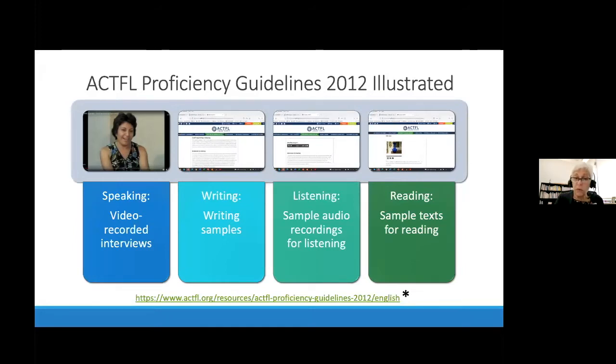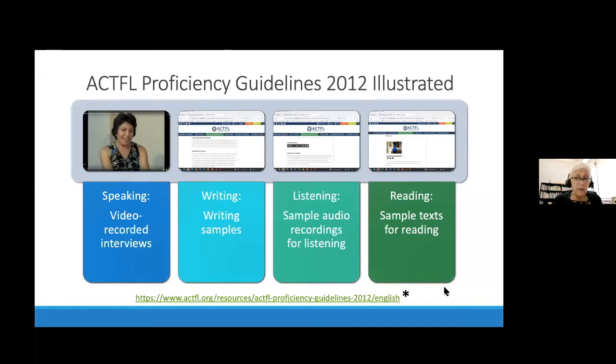You will see when you click on speaking, the proficiency descriptors, but also links to all sorts of authentic video recordings of speakers at those different levels of proficiency. So what does an intermediate level speaker sound like? What does an advanced level speaker sound like? You can hear the entire interview in chunks.